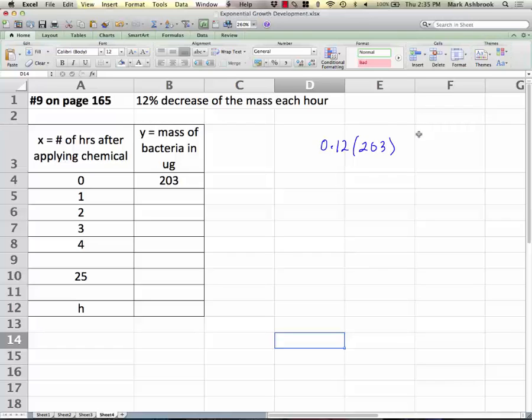And then once you got that number, how did you find the mass 1 hour later? Okay, so you took 203 minus all of that. Is that right?